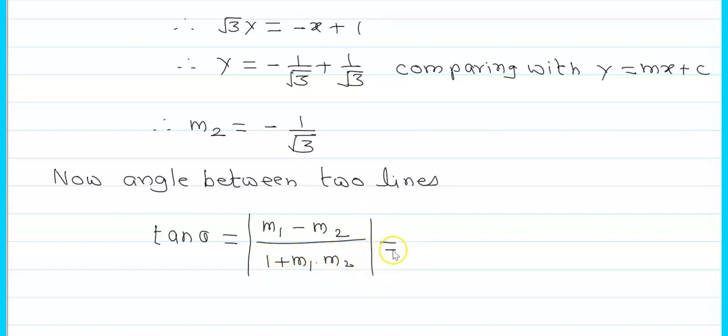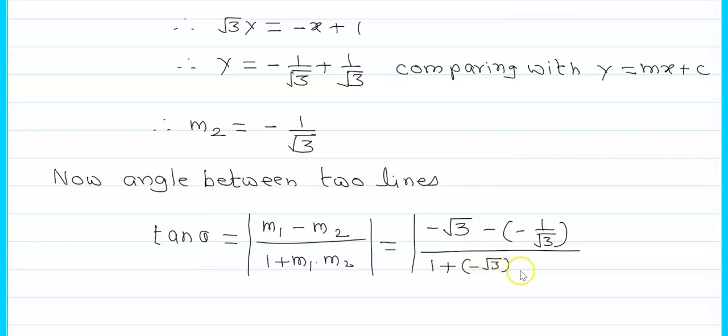Here m1 is minus root 3, and m2 is minus 1 upon root 3. So 1 plus m1, which is minus root 3, into m2, which is minus 1 upon root 3, bracket complete.